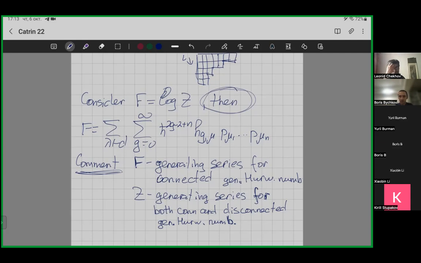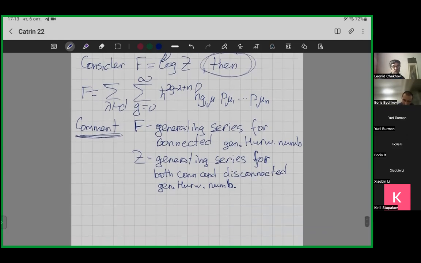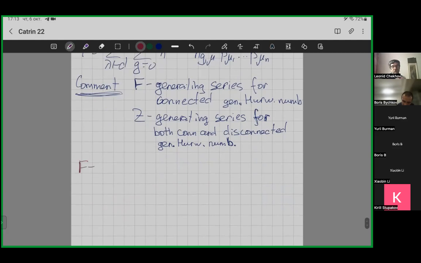Using this character formula, you write f, then the exponent of f, in characters, and then the characters you rewrite in Schur functions and obtain this Z. So you have f, then exponent of f, you have a character formula, and then turn to Schur functions. Okay.